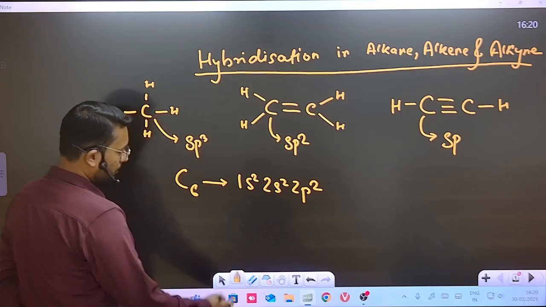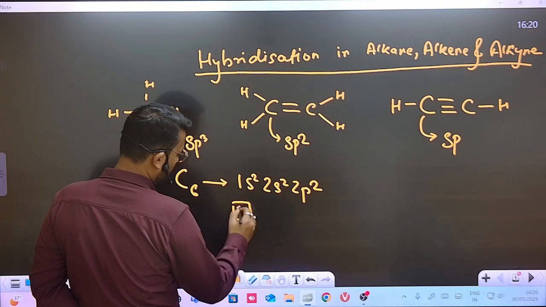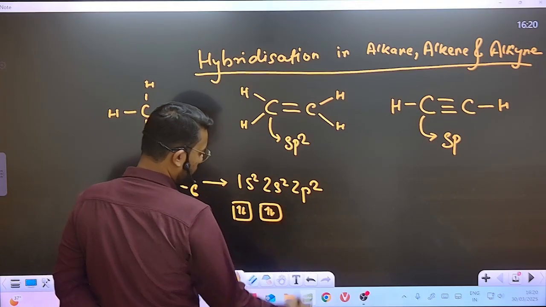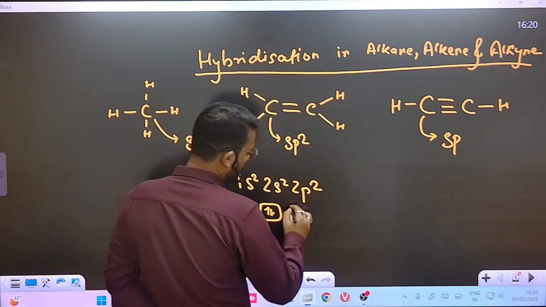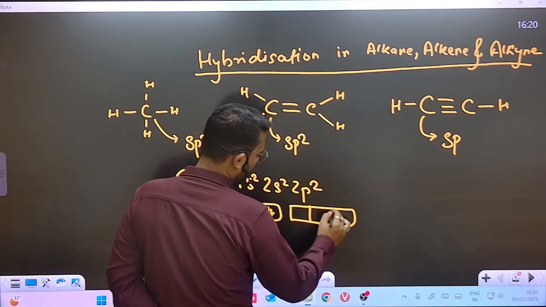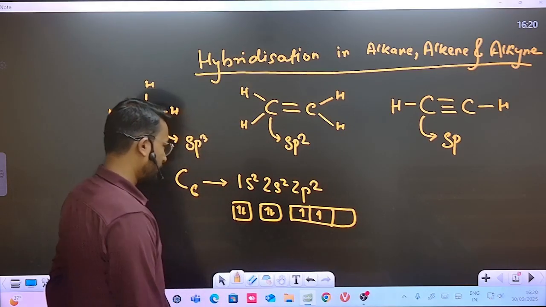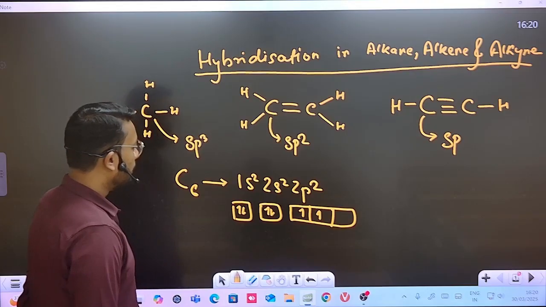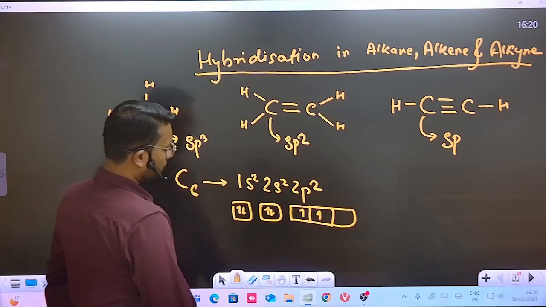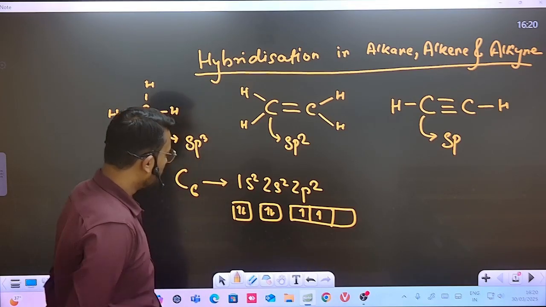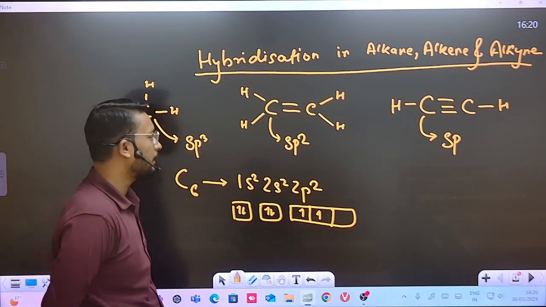This is the s orbital which has 2 electrons. This is the 2s, which also has 2 electrons, and this is the p orbital which has only 2 electrons.